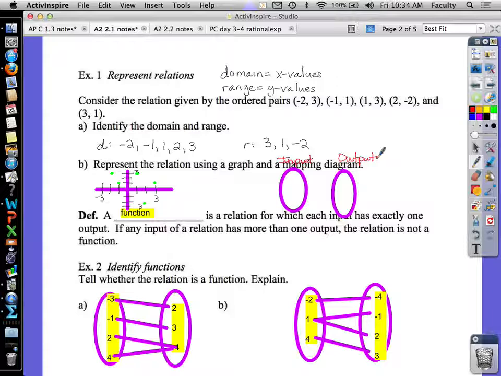And so what you do is you put the domain in the input oval, and you put the range in the output oval. So I'm going to put -2, -1, 1, 2, and 3. And then in my output, I put 3, 1, -2.